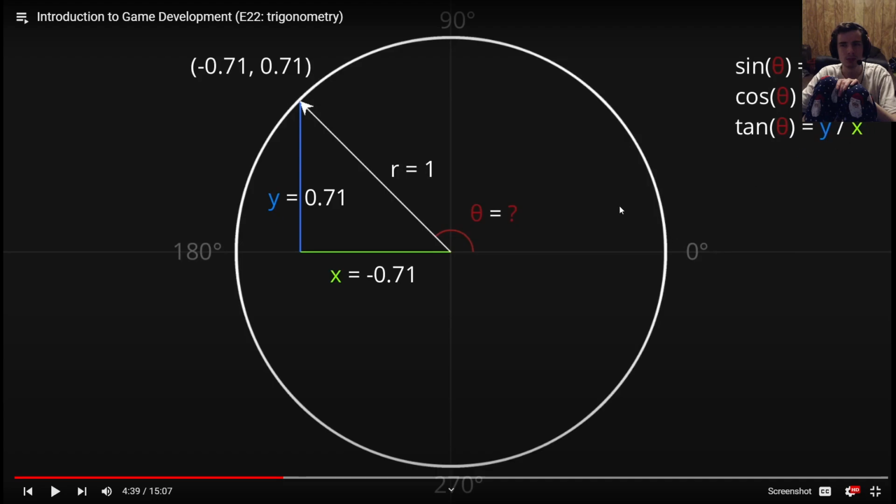If you flip these, that would be x over y.